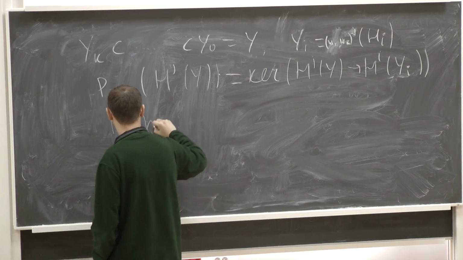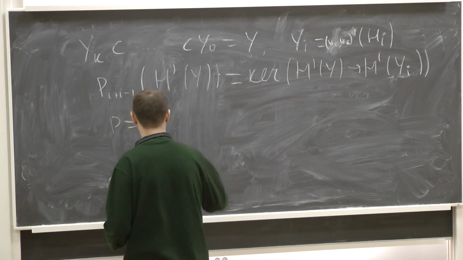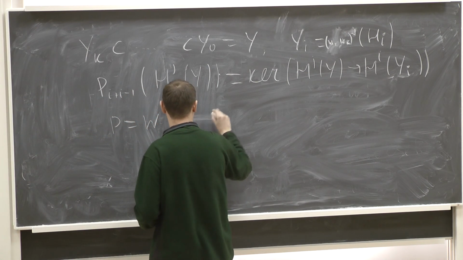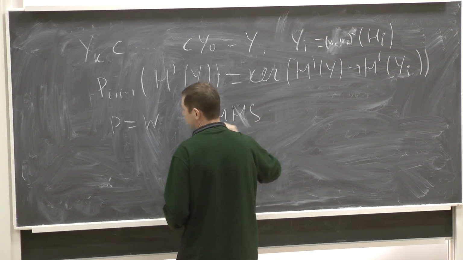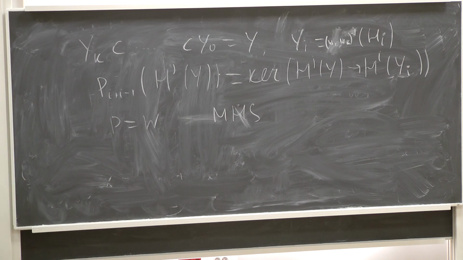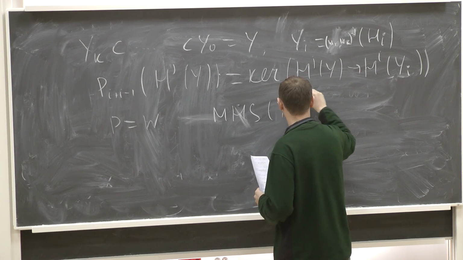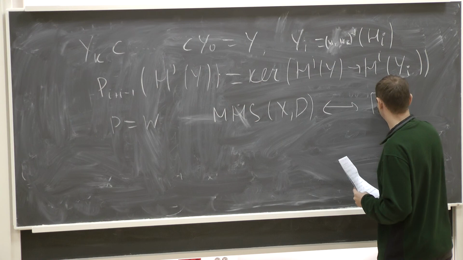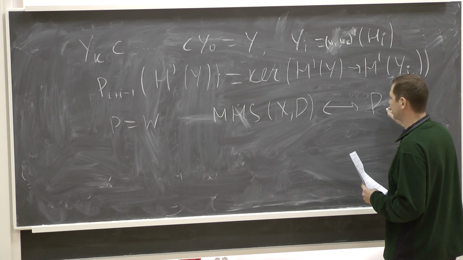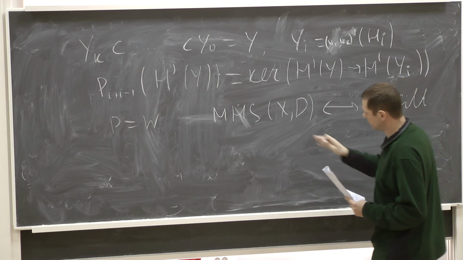I will not formulate it exactly, but it states that the mixed Hodge structure of X without the anticanonical class, so of X minus D, corresponds to this perverse filtration.